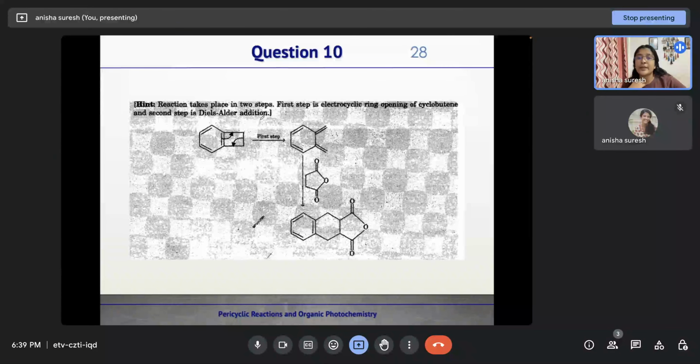So first what will be taking place is an electrocyclic ring opening of cyclobutane, as we can see here, leading to formation of this diene. So this diene will react with this maleic anhydride.